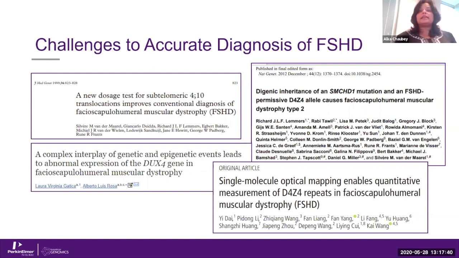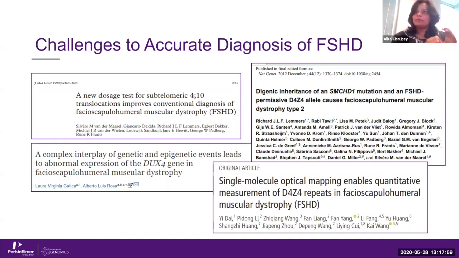Then you can also see in the top right-hand side screenshot that digenic inheritance in the presence of the D4Z4 permissive allele, or the A polymorphism, causes FSHD2. So a lot of research has gone in, a lot of studies have been performed.